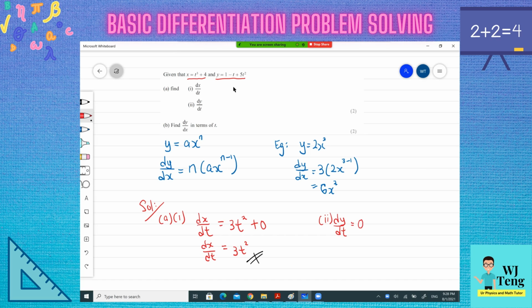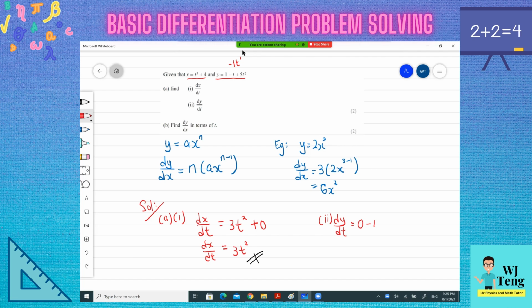Differentiating negative t is actually your negative 1t. So that will give us just negative 1 because the original power of t is 1 here. When we move down, multiplying with 1t, this power becomes 0. And so the remaining will be just negative 1.